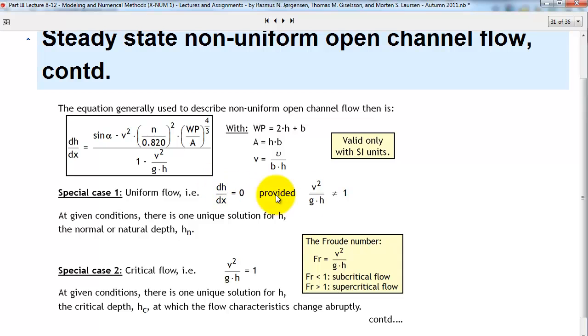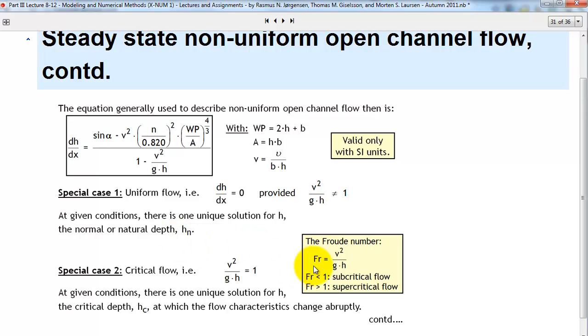That's kind of set here, so h will not be changing, and the gravity is constant, but the speed can change. So it depends on the speed of the water. And normally you address that as a natural depth. That's where things are kind of in equilibrium.